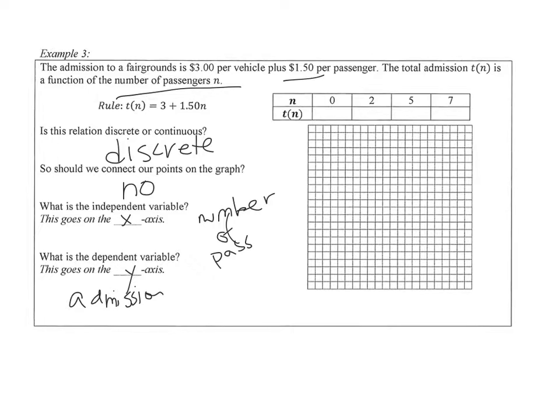Usually cost is always a dependent variable. So I'm going to put the number of passengers right here. And then the admission is on the y-axis. And then I'm going to fill out my table.